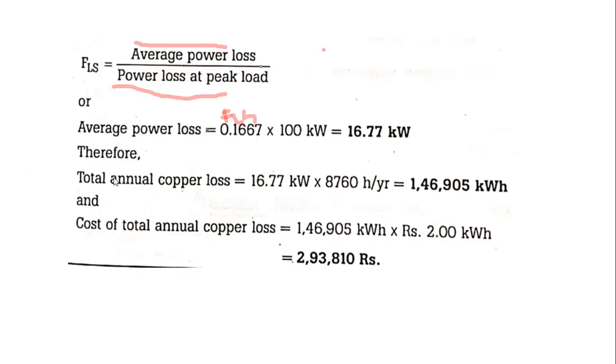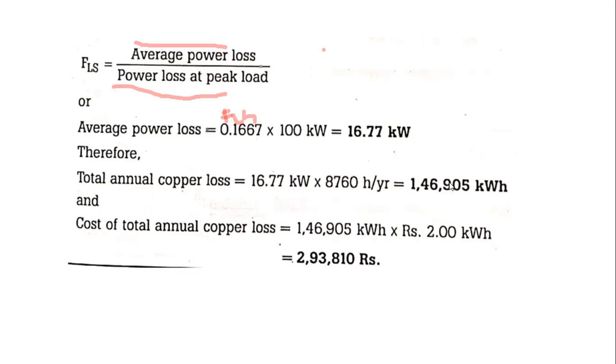In that question we are given the copper losses cost at a rate of rupees 2 per kilowatt hour. This is the total copper losses in kilowatt hours. Then how much cost will be obtained for this annual copper losses? For 1 kilowatt hour, the cost is 2 rupees.